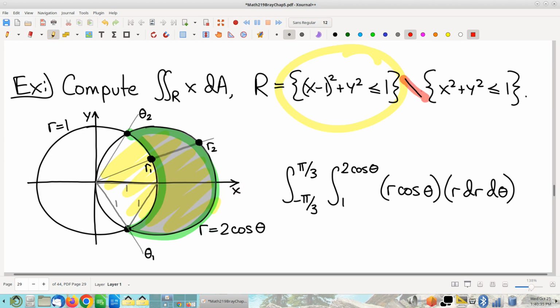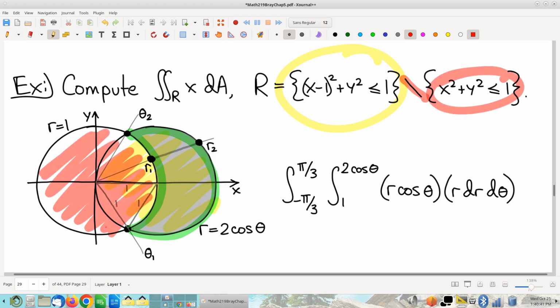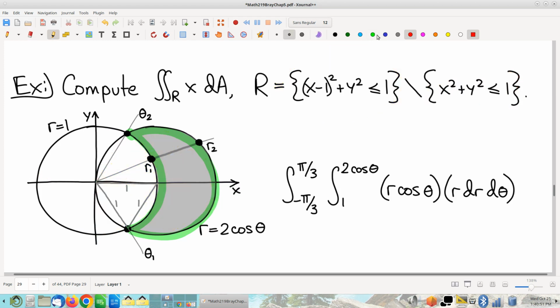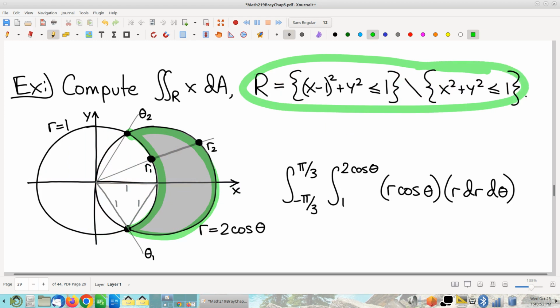That means, let's exclude all of these points. So we take the yellow disk and we take this big red bite out of that yellow disk, and what remains then is our actual domain here called R. Okay, there's our domain for this integral. Is everybody with me so far? Everybody's happy.